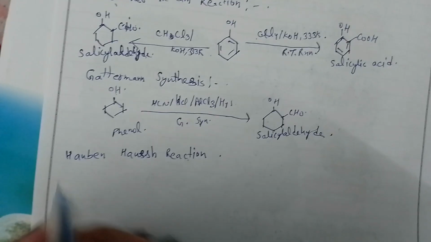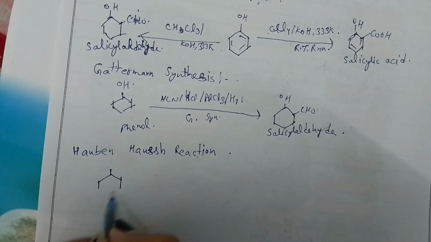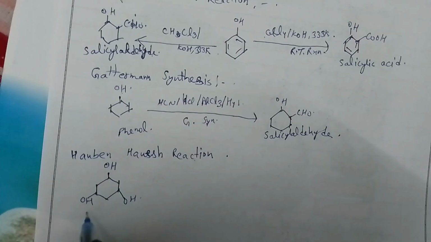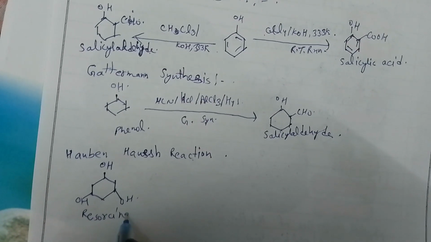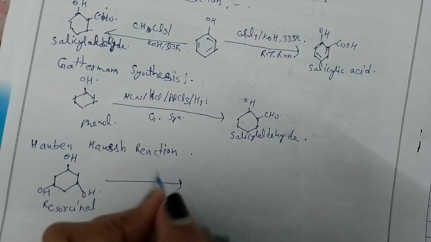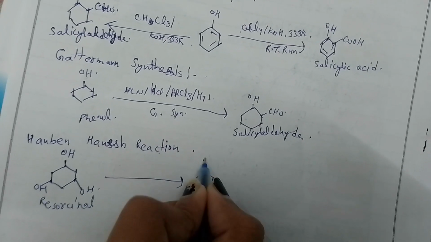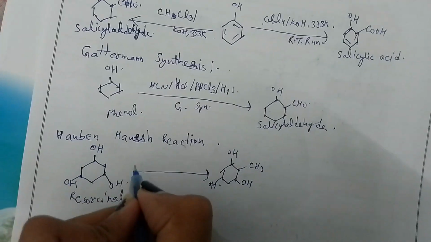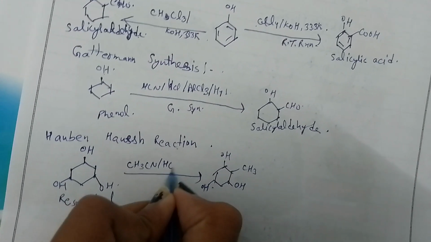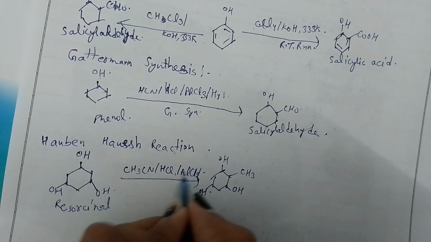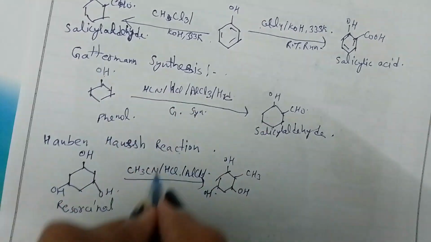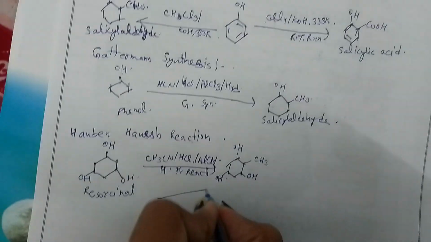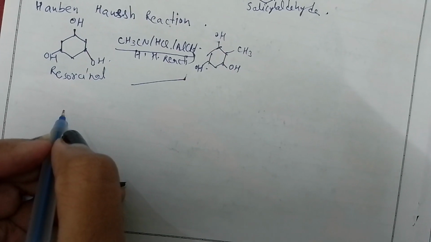In this we will see resorcinol converting to the product in the presence of CH3CN, HCl, AlCl3 and hydrolysis, and this is the Hoesch reaction. Okay, it is completed.